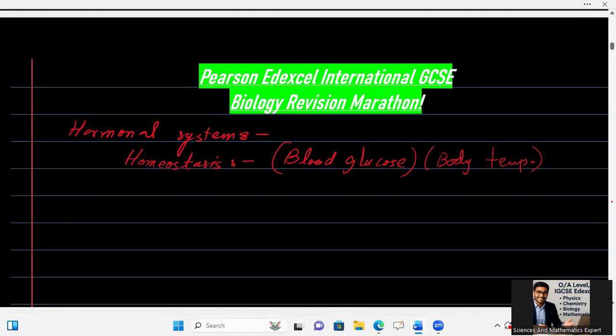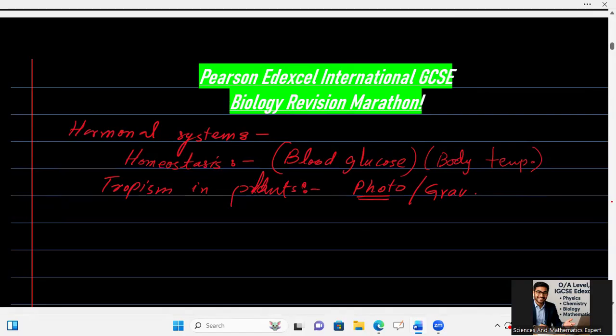After that, there is tropism in plants. If I talk about tropism in plants, there is phototropism and geotropism, or gravitropism. If I talk about photo, the shoots move towards light, towards the sun.